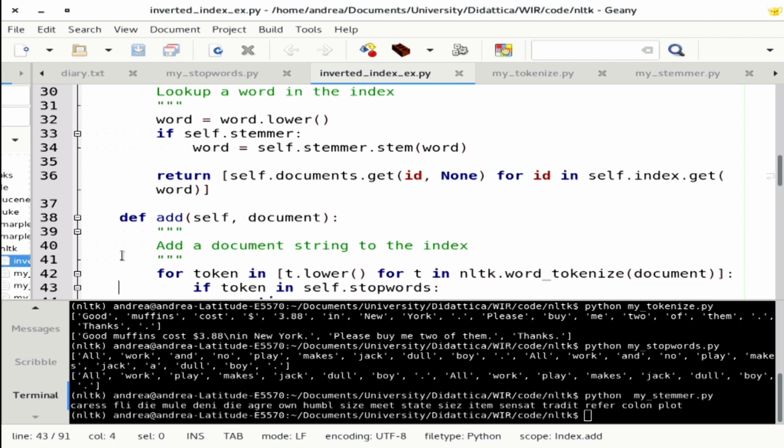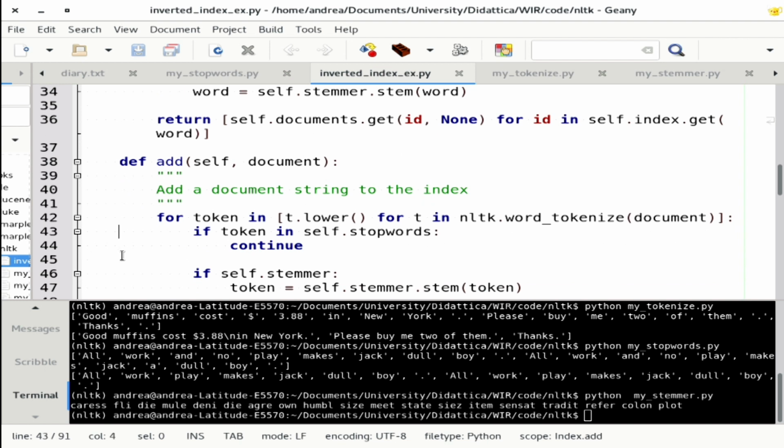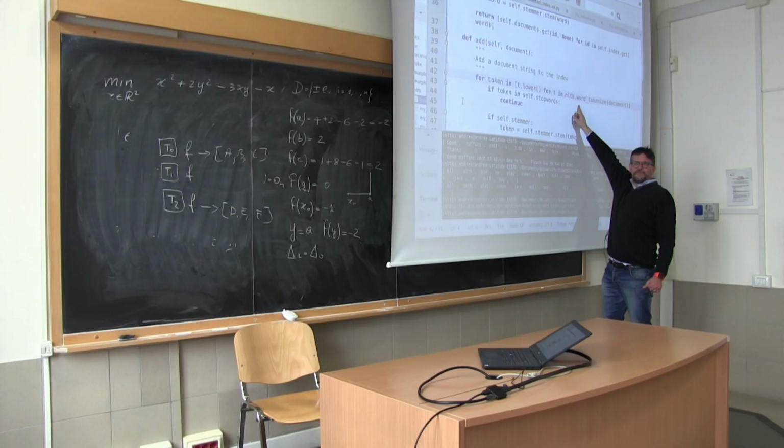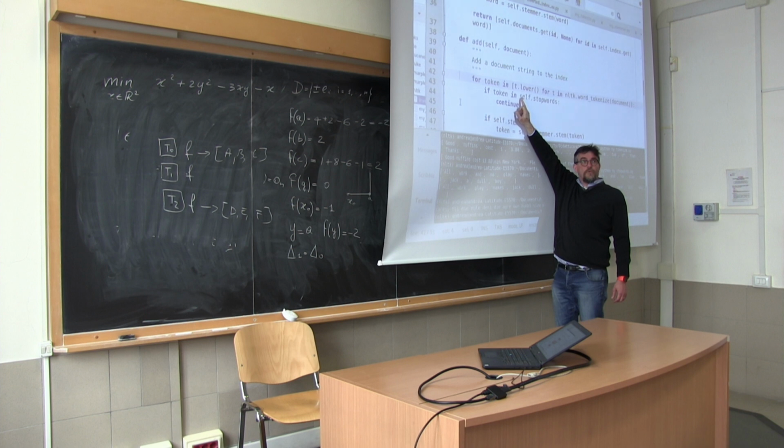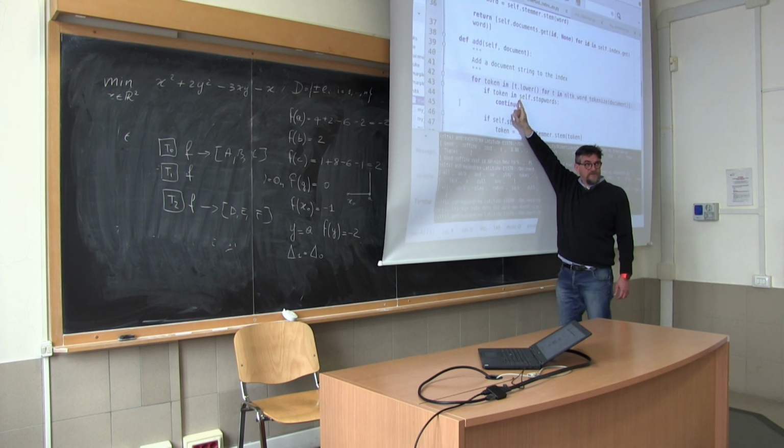Or you can add a document. In order to add the document, you apply exactly all the phases we saw before. So first, we take the document in input, and we get all the tokens. Then we remove the stop words.